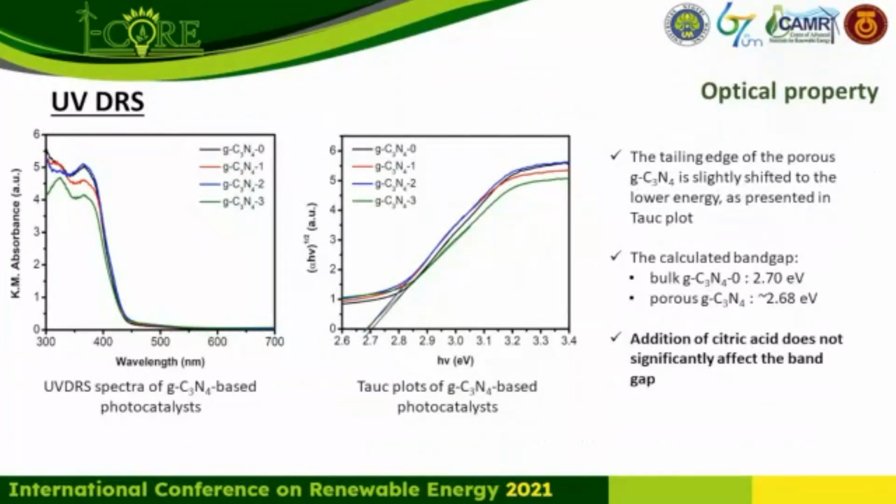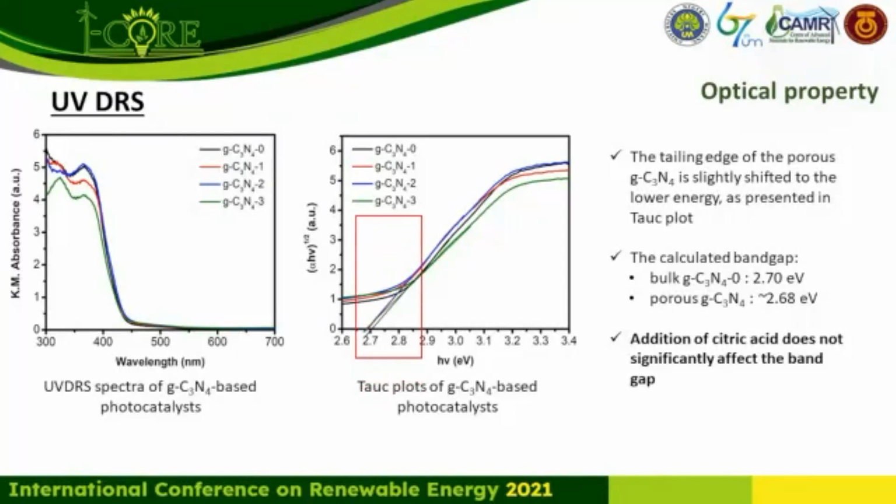UV-DRS spectra of graphitic carbon nitride based photocatalyst showed the tailing of the porous graphitic carbon nitride shifted to the lower energy, as presented in the Tauc plot. The calculated band gap for graphitic carbon nitride is 2.7 eV and porous graphitic carbon nitride 2.68 eV.